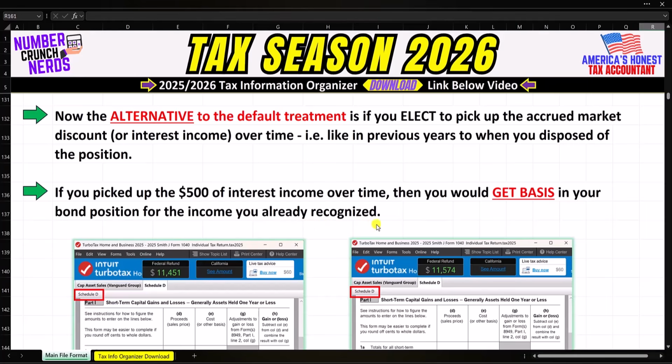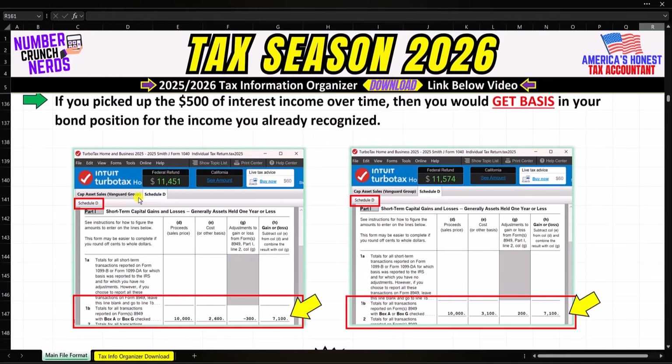To get basis means that you would add the amount of income that you picked up already to the cost basis of your position. So if we go down here on the original Schedule D, the $500 of market discount was in this column as a negative number, and then it was taken over to Schedule B and picked up as interest income in the same year.